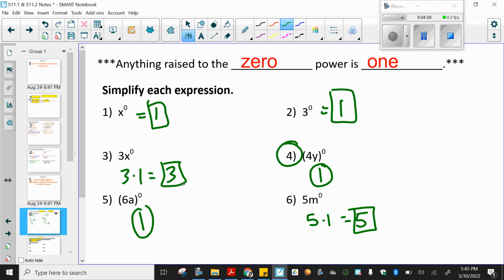In 4 and 5, it's in parentheses, so the exponent's applied to both items. It's really 4 to the 0 and y to the 0, which is really 1 times 1, right? But 6 and 3 are not in parentheses, which means the 0 only applies to the x in this one. Here, the 0 only applies to the m. That's the difference, all right?